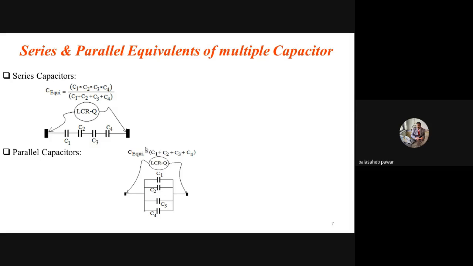those capacitors. Here I have shown one instrument for the measurement of equivalent capacitance offered by either series or parallel capacitors, and that is the LCR-Q meter. I think one subject in your syllabus is related to instruments and their operation or working.